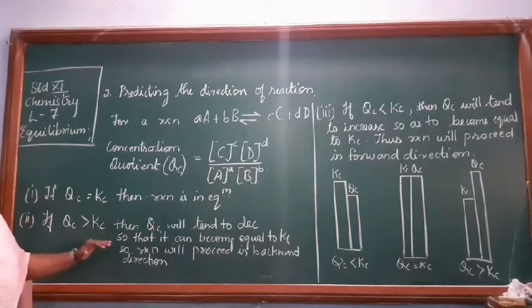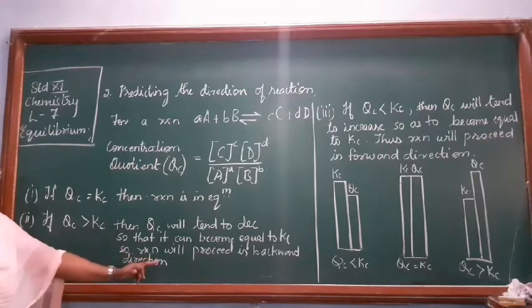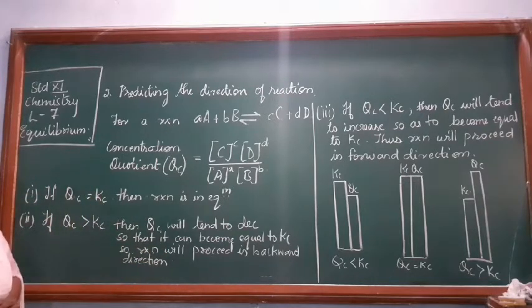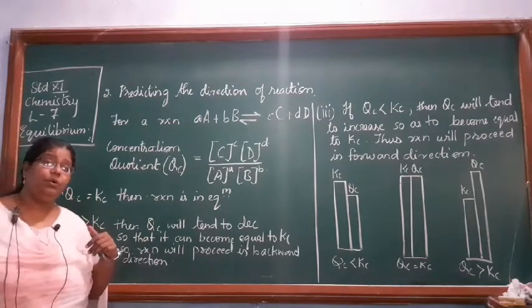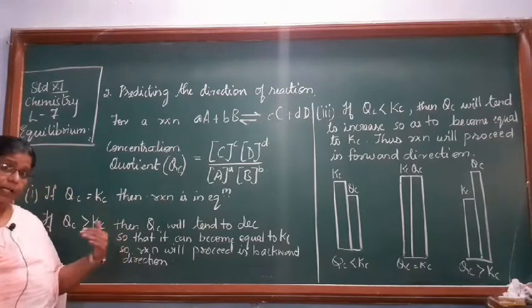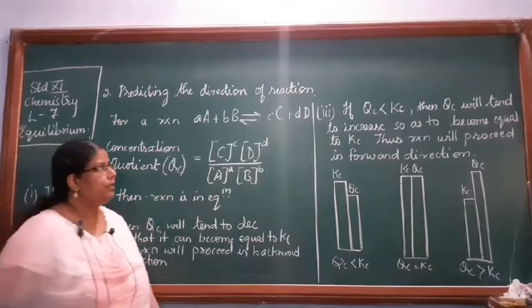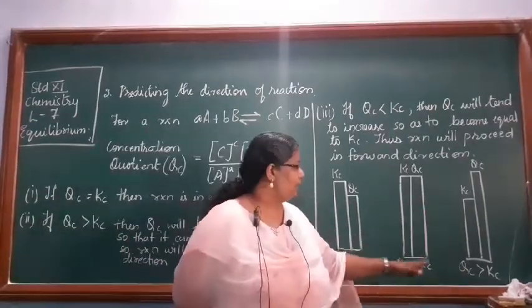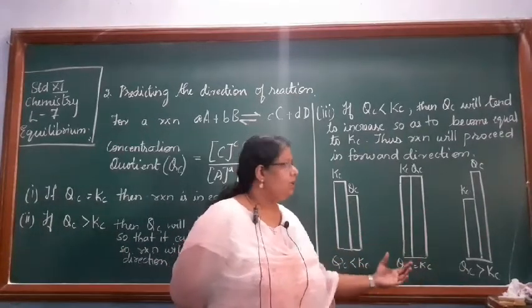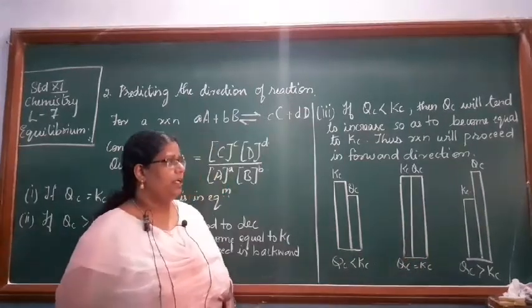This can happen only if the reaction proceeds in the backward direction. So if QC is greater than KC, it will try to reduce itself so that it can become equal to KC, and at that time the reaction should move in the backward direction. ठीक है? If QC is equal to KC, then the reaction is in equilibrium. ठीक है, दोनों ही सेम है, मतलब वो equilibrium attain कर चुका है.